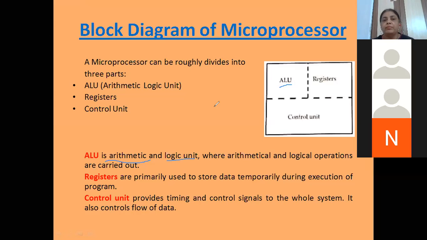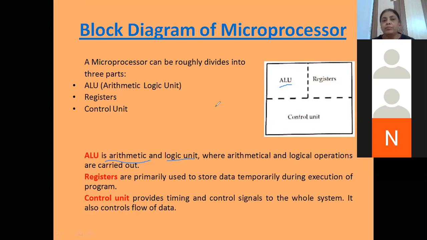The second chapter is based on this. This is not a high level language, this is assembly language, which is in between machine and high level language. So for this you have to learn its instructions.